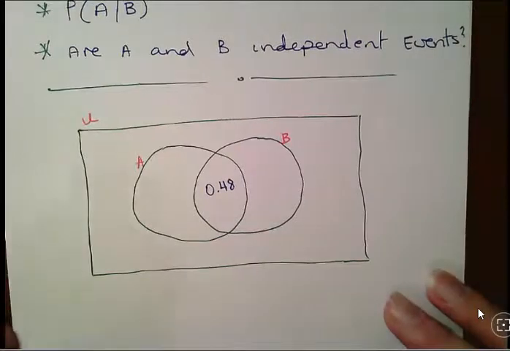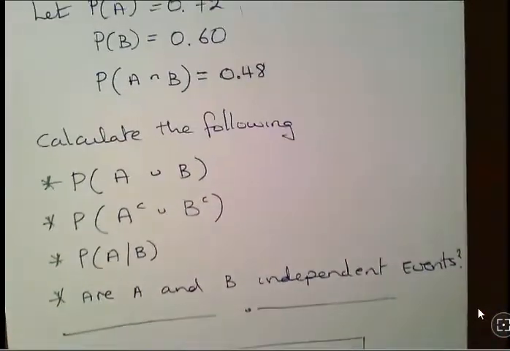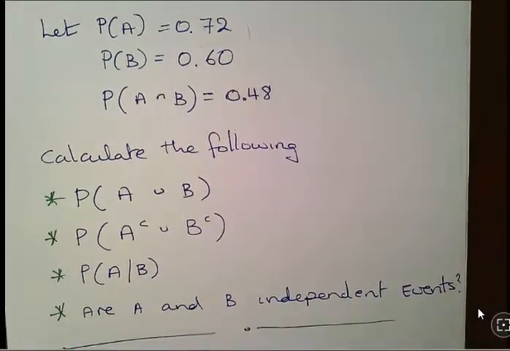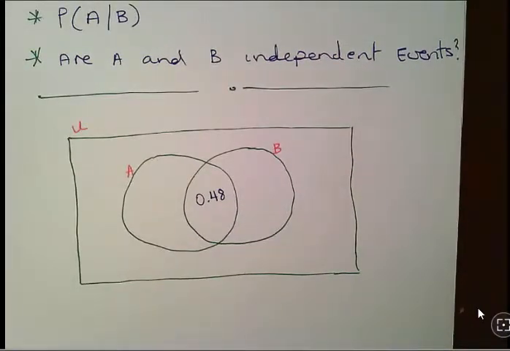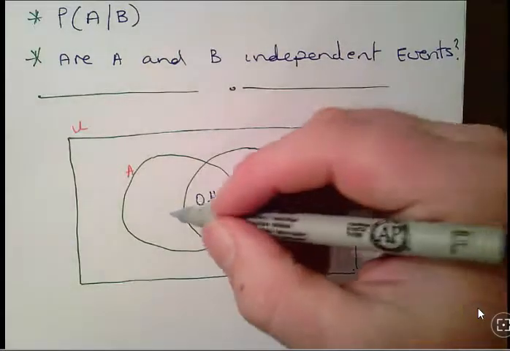Now we're also told the probability of A is 0.72 and the probability of B is 0.6. But we're already accounting for some of that.